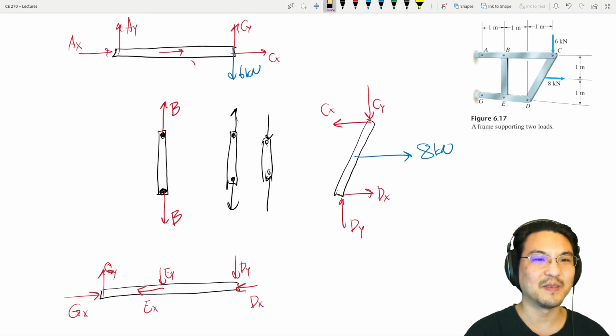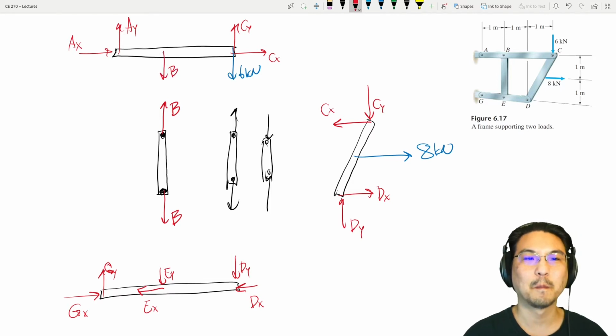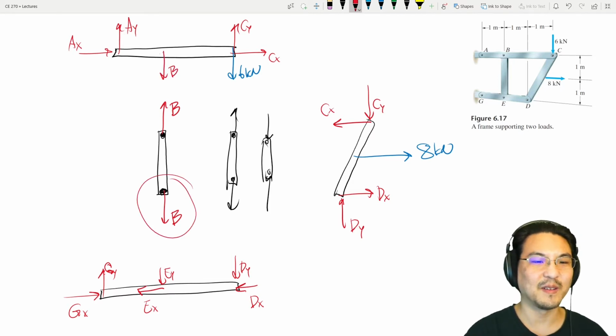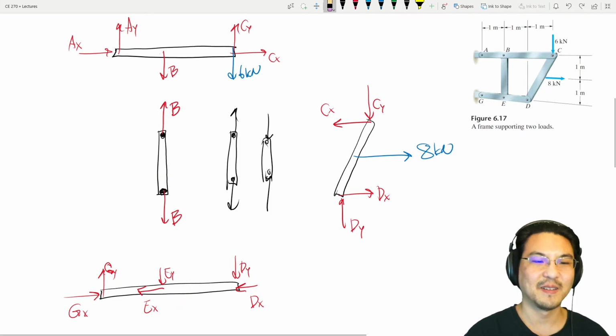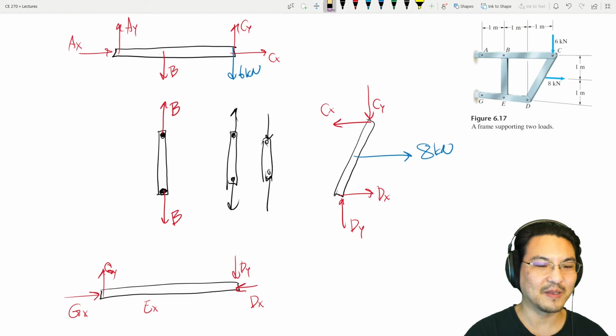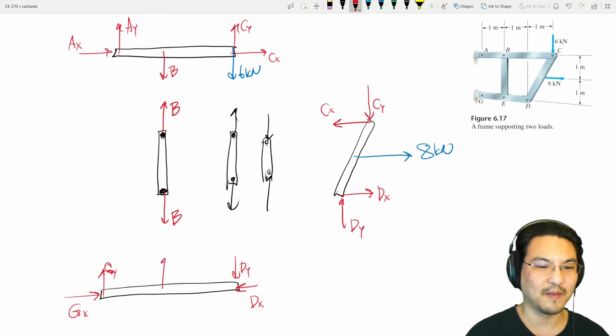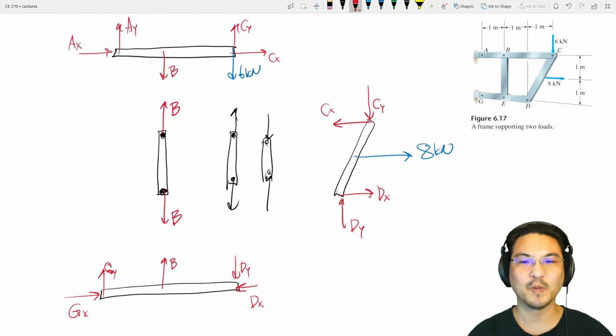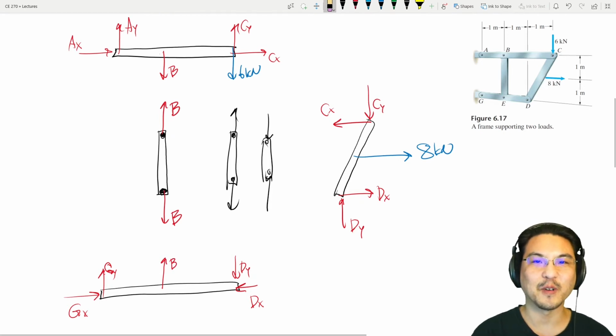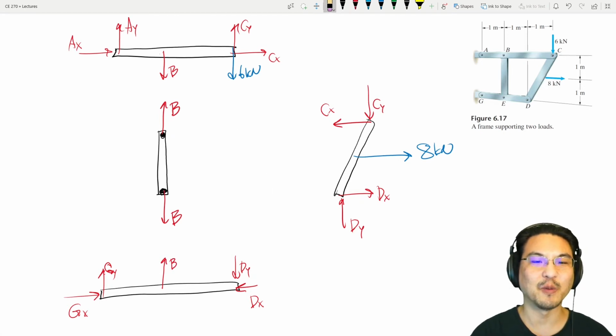So that means like that, right? And then over here and over here, those have to be equal and opposite. So I can replace this with this. So by keeping an eye out for 2 force members, we reduced the number of unknowns by quite a bit.